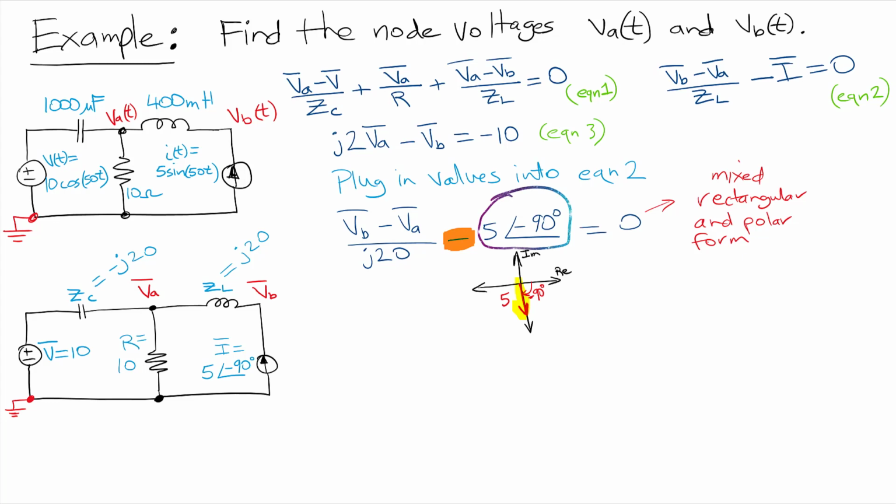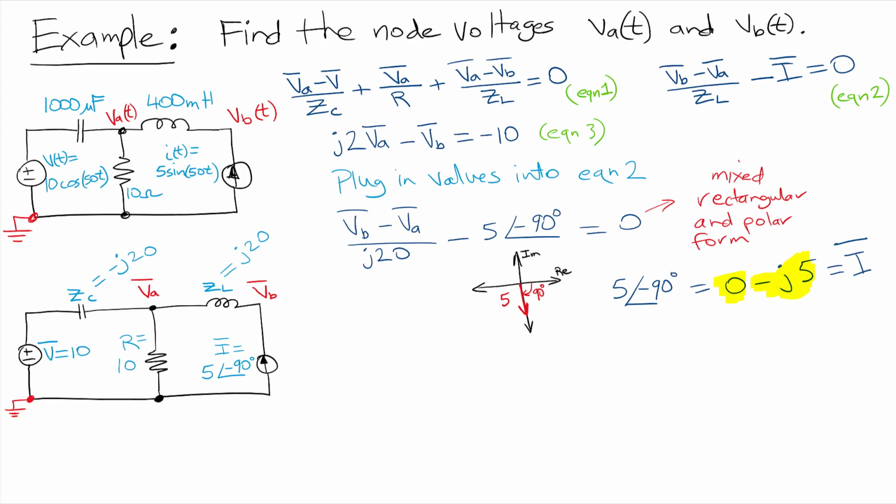So now let's continue, and now the real component is 0, right? Because it's 0 on the real axis, and on the imaginary axis it's minus J5, okay?